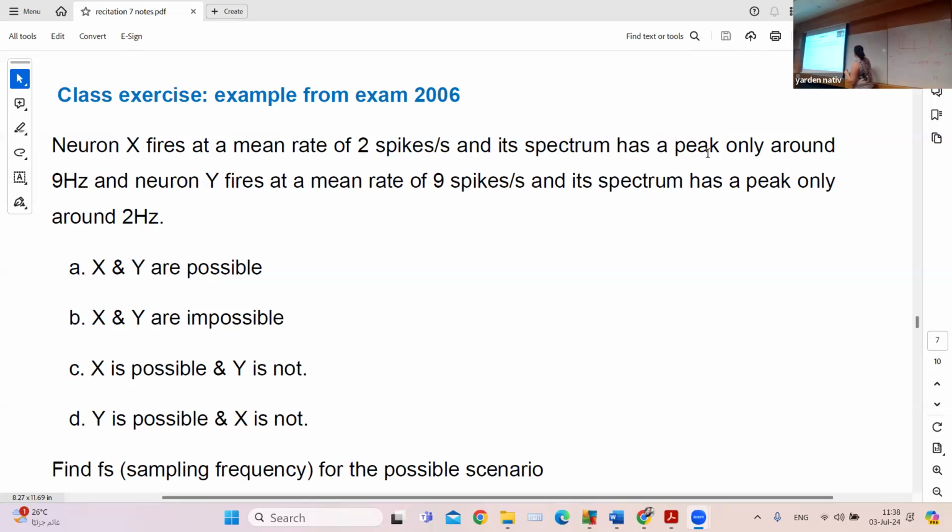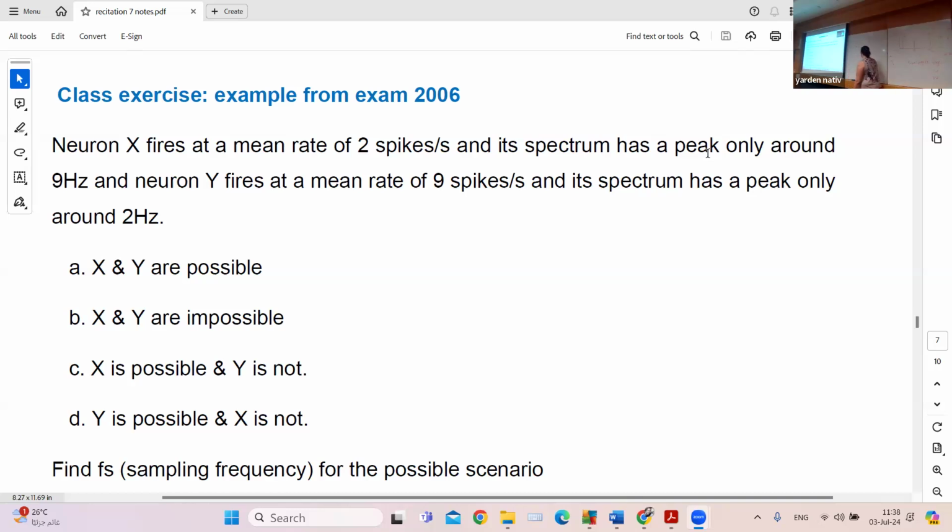So for Y, we have a peak at 2 Hertz, but we don't have a peak at 9. So this means that we have possible frequencies between 4 to 17, right? Is that clear why?